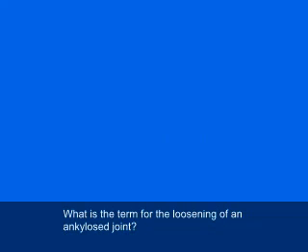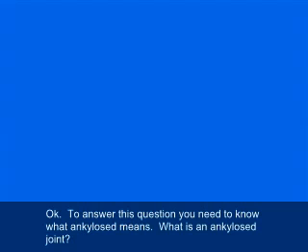What is the term for the loosening of an ankylosing joint? To answer this question, you first of all may need to know what ankylosing means, or at least not be confused by that term. What is an ankylosing joint?